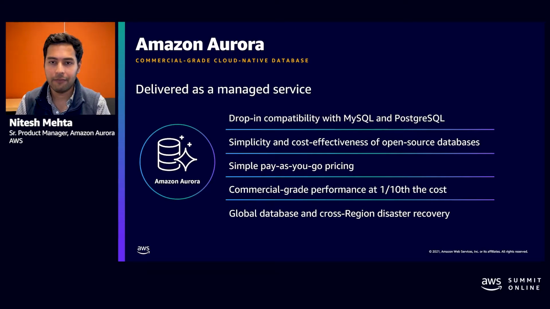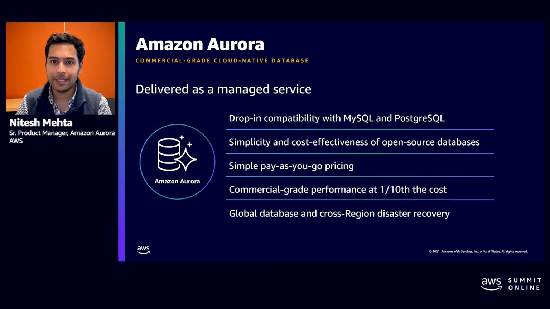There are no licensing fees. You only pay exactly for what you use. And it's available in two different open source flavors, specifically MySQL and PostgreSQL. And it's open source compatible with drop-in compatibility with both these databases.